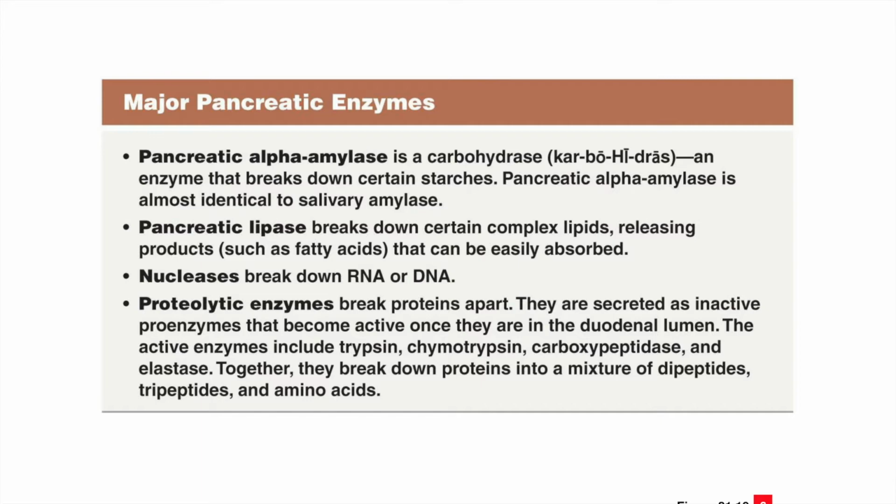So some of those are pancreatic alpha amylase, which is for digesting carbohydrates and starch. Pancreatic lipase, which is for breaking down lipids. Nucleases break down DNA and RNA. And then there are several proteolytic enzymes such as trypsin, chymotrypsin, carboxypeptidase, and elastase. These break down proteins.